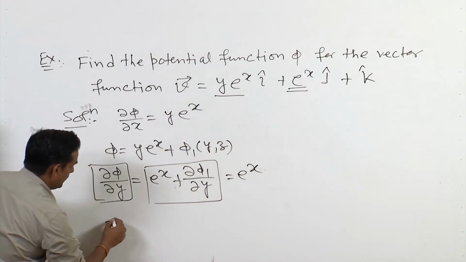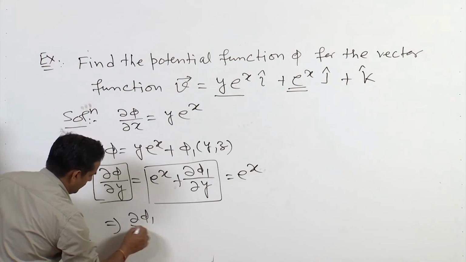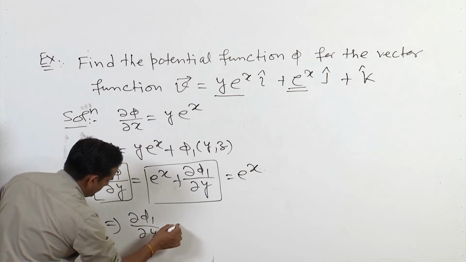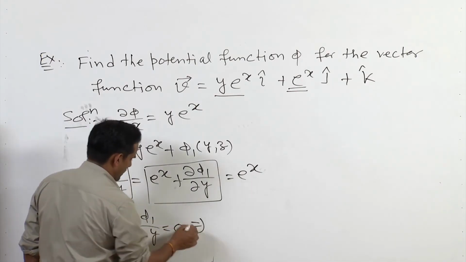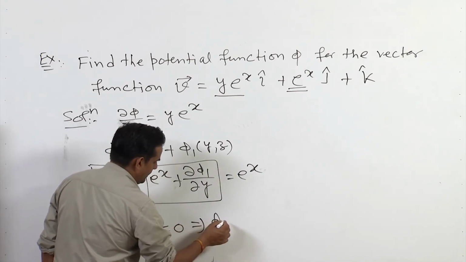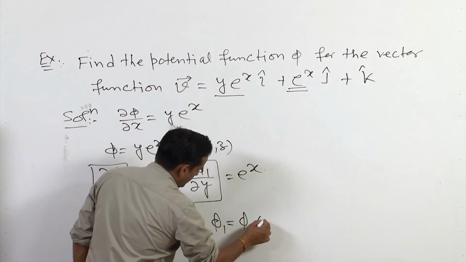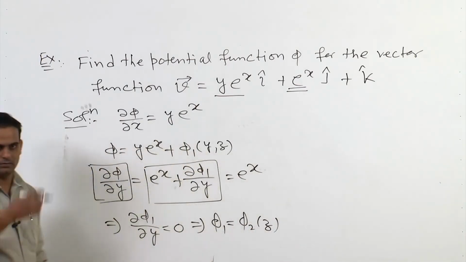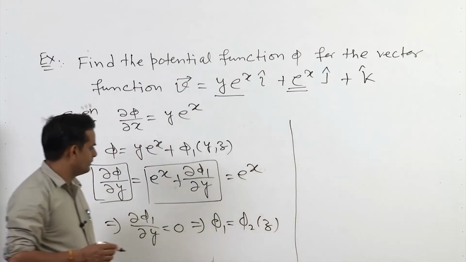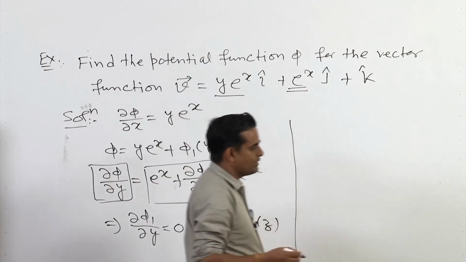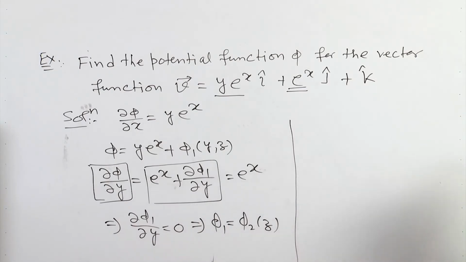So, from here I am getting del phi 1 over del y equals 0, and from here I can get phi 1 equals some function phi 2. So, in phi 2, z and a constant are involved.